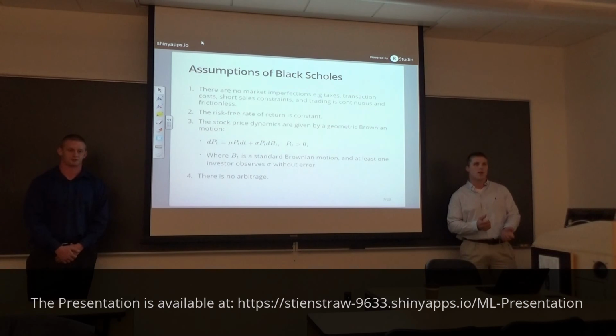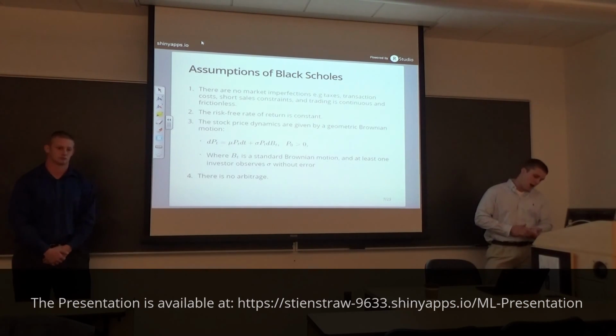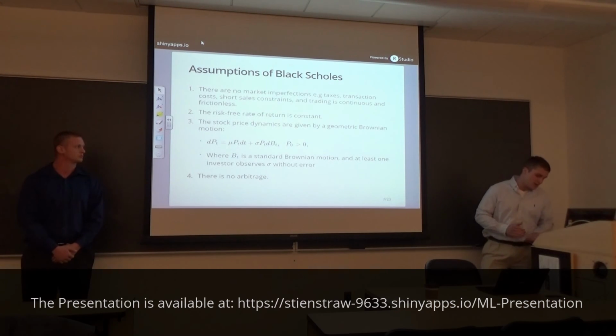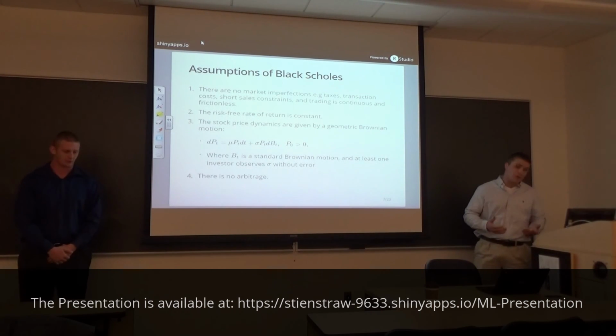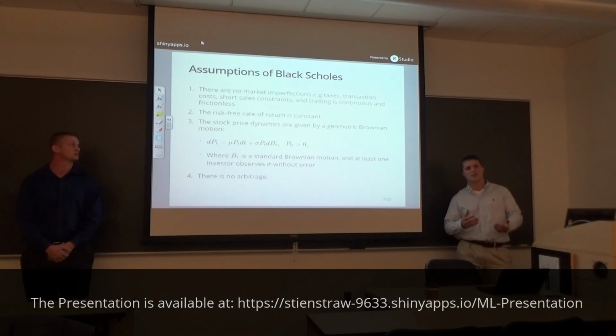So it's very fitting in that sense, but there are some drawbacks with this assumption. Specifically, it's not totally realistic because in real stock prices, volatility changes with time, but in the geometric Brownian motion, volatility is assumed constant. So this is a big assumption that we're going to try to relax with our analysis with our data set coming up, both with the Black-Scholes model and with the neural networks and machine learning.